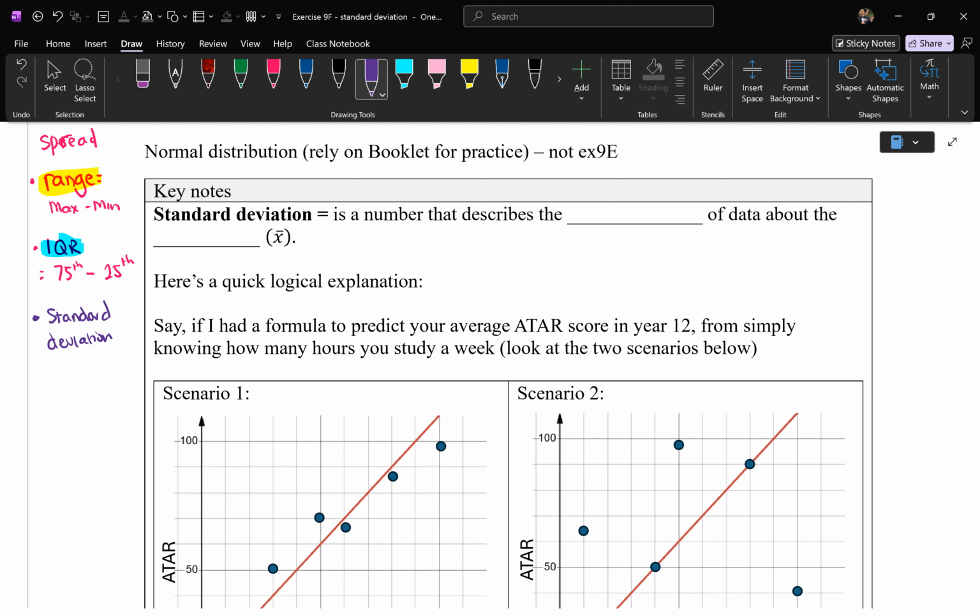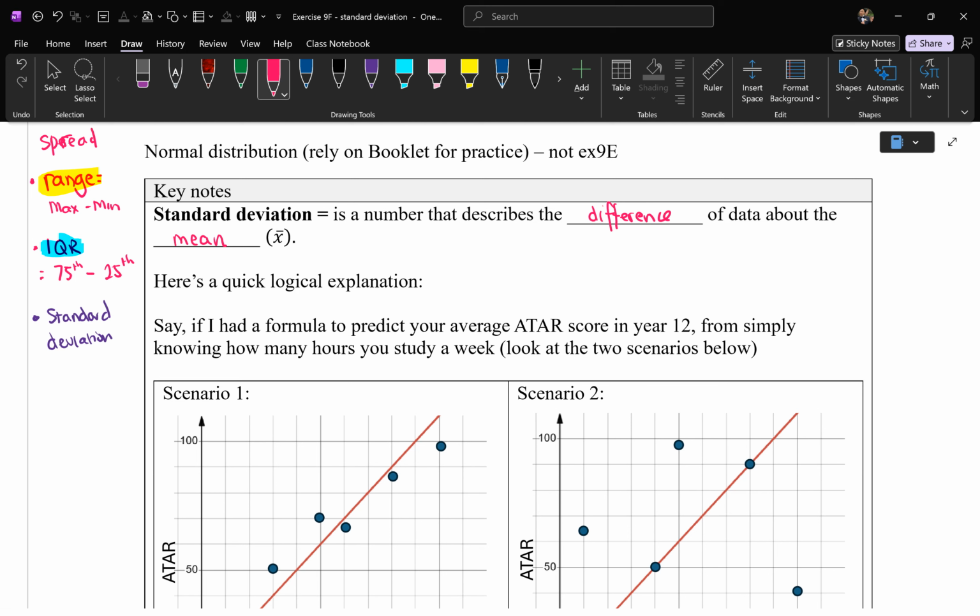Okay, so what is standard deviation? It is a number that describes the difference of data about the mean.